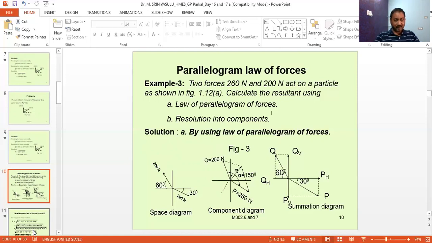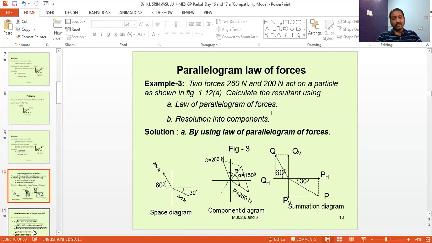So this is the problem given to you and the figure is also given in the space diagram. In this case we need to find out the magnitude of the resultant of the given force system of two forces, in the first case by using the parallelogram law of forces, and in the second case by resolution of forces, and we have to show that in both the cases the resultant must be same.